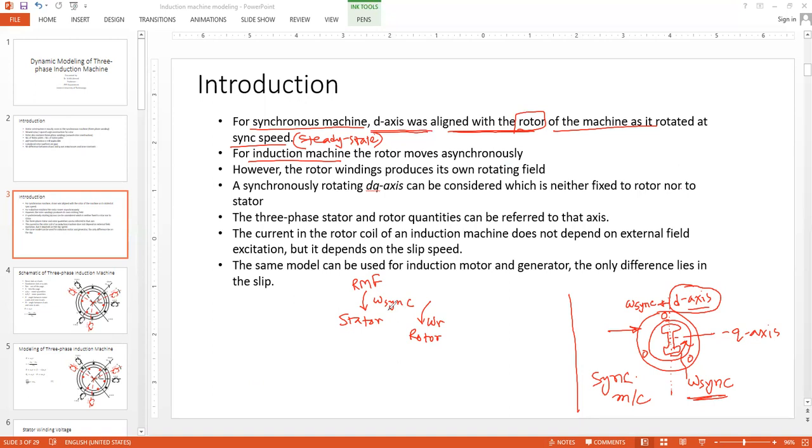And what about the stator coils? Stationary. Remember, the stator coils themselves are stationary. They have zero speed. So omega stator, the speed of the stator coil, is actually zero. This part is exactly the same as the synchronous machine.